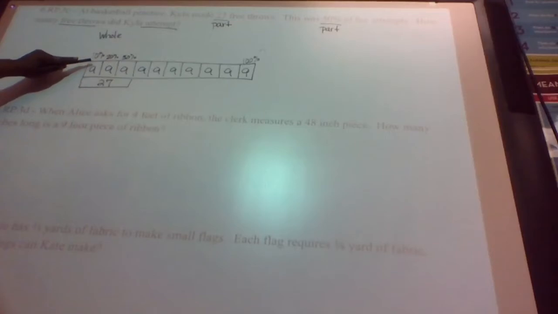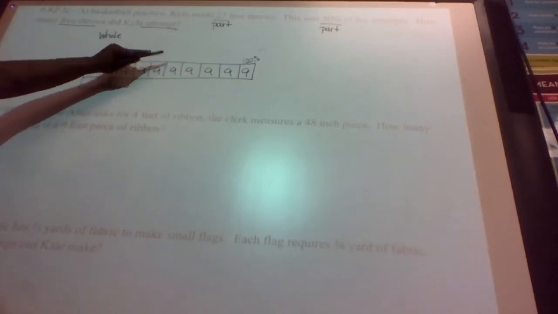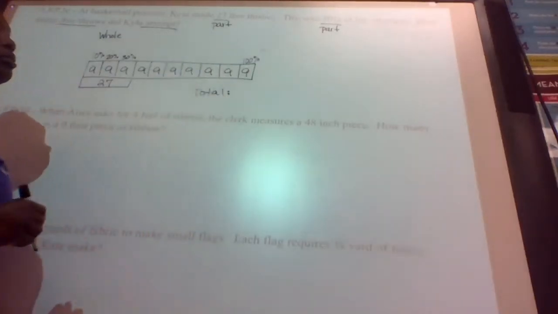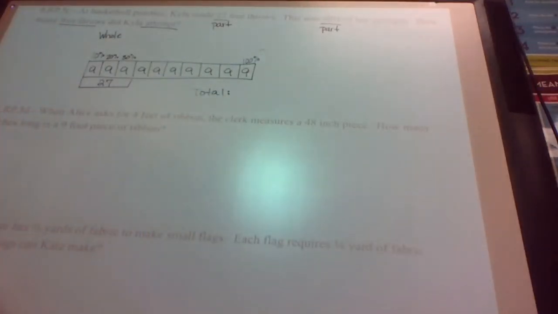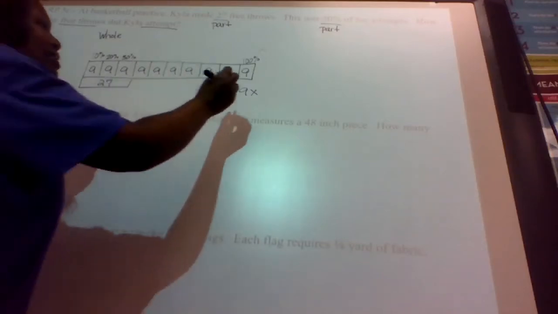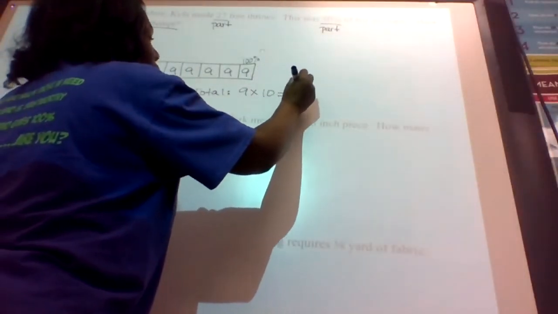Now, if you have 9 in every part, what's your total? Multiply 9 times 10, because I have 10 parts of 9. So 9 times 10 is what? 90 free throws.